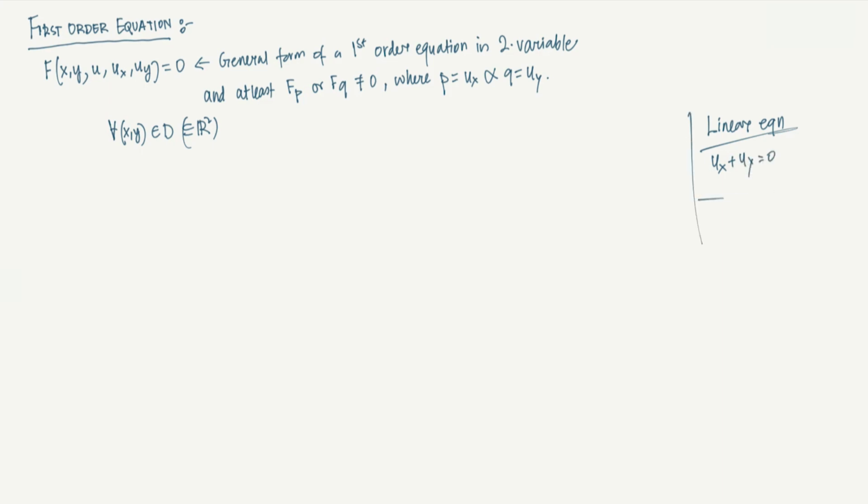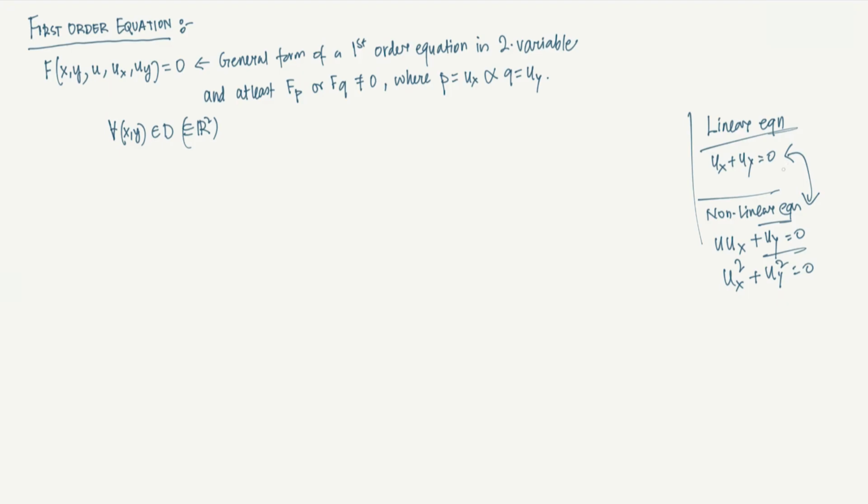Now it may also be a non-linear equation. So what is a non-linear equation? The definition which I wrote earlier was a very general definition. It can be this also: ux plus uy square equals to 0, so basically non-linear with respect to the u variable.